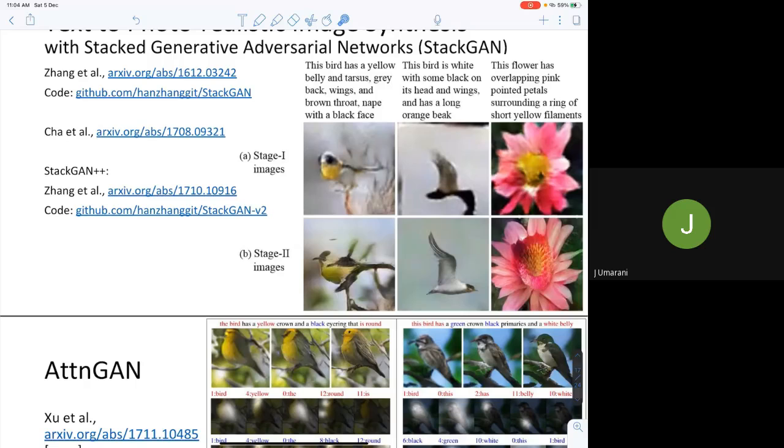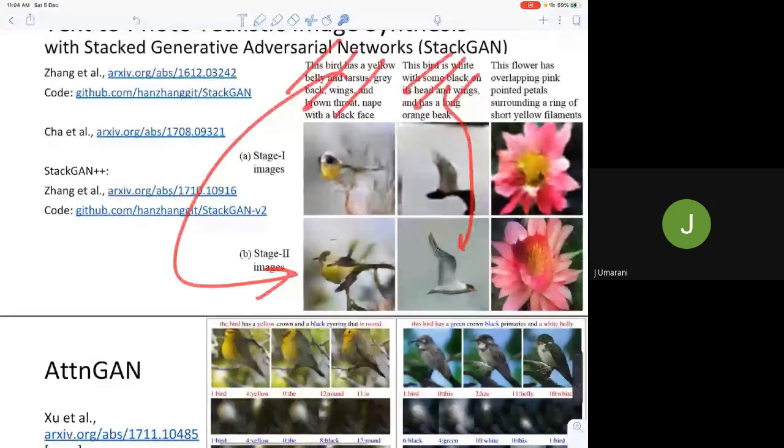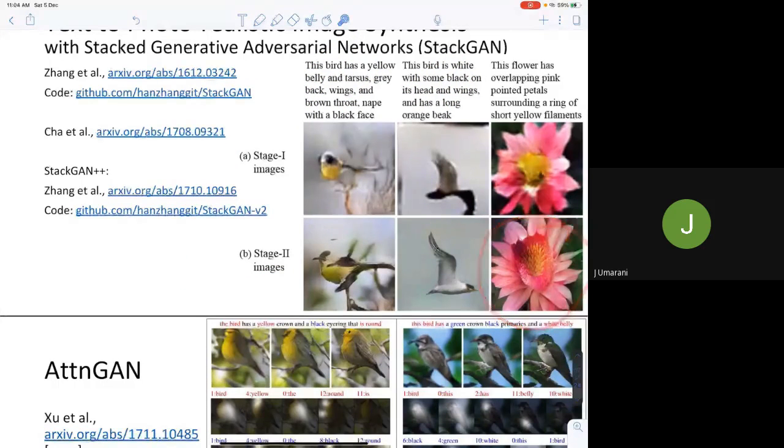This is just being created by neural networks from this text itself. This text is converted into an image, and this text is converted into an image. There is no such flower available. This is the input and this is the output of the neural algorithm. The name is StackGAN. And there is another, better version of the previous algorithm, which started to understand and give even better results than the previous.